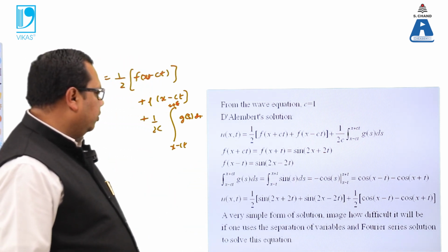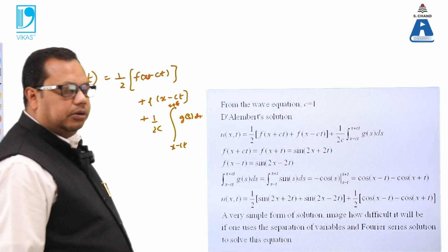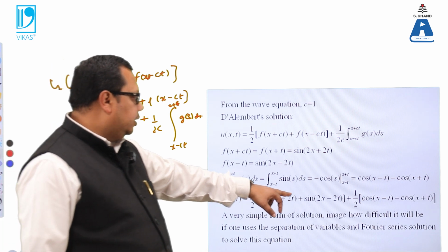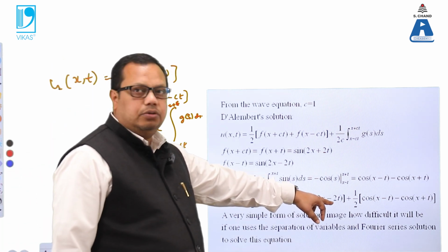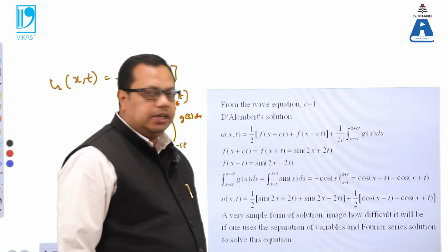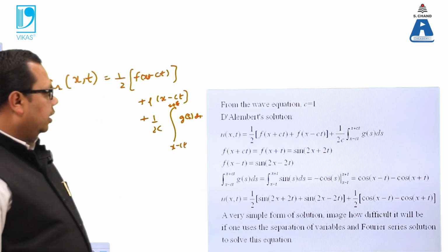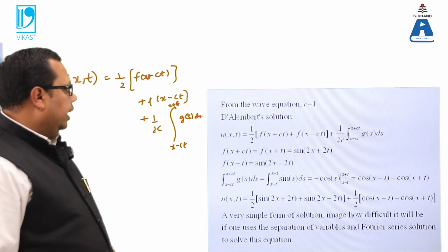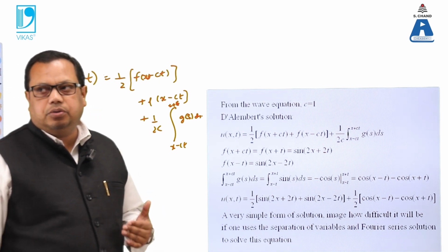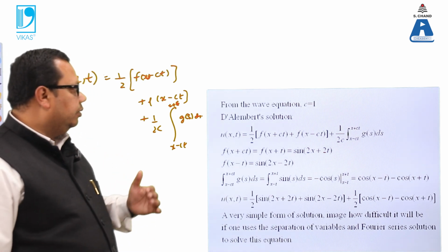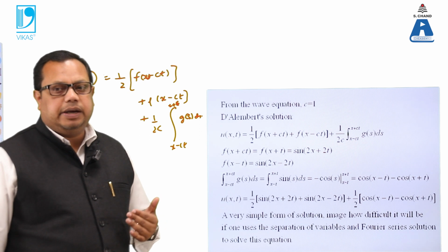Then we solve this in terms of u(x, t), which is half of sin(2x plus 2t) plus sin(2x minus 2t), plus half of cos(x minus t) minus cos(x plus t). This is the calculation we can generally do here. I repeat, first of all, in the given wave we have to calculate x plus ct and x minus ct.